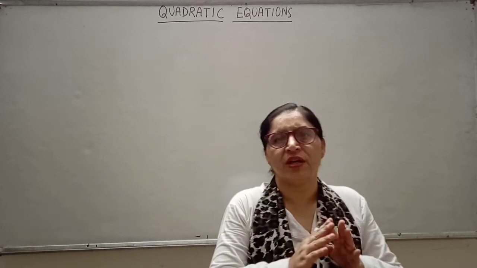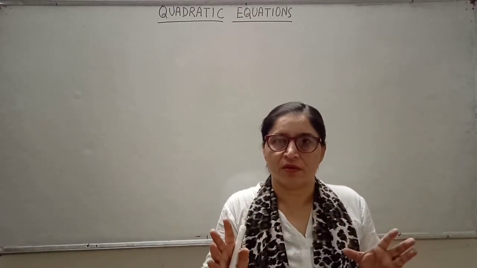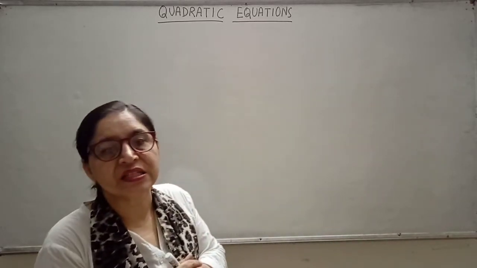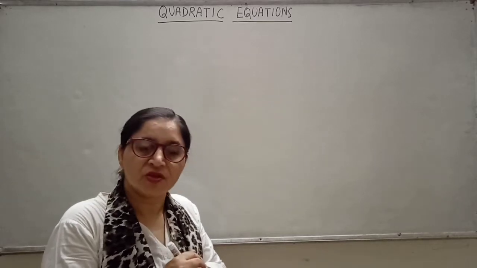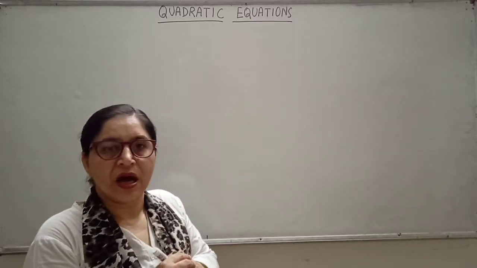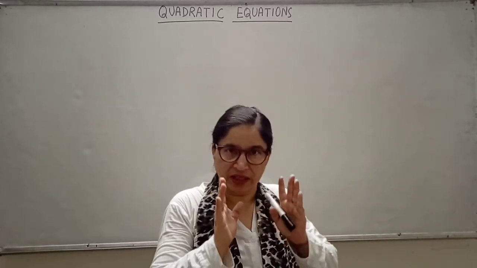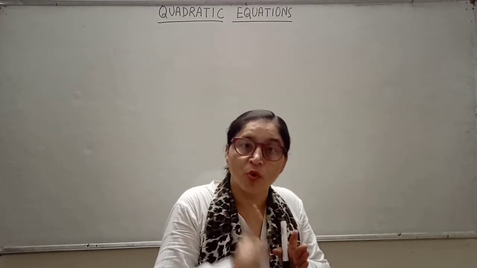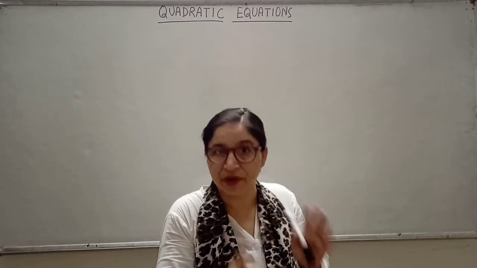Suppose we are planning to build a prayer hall whose carpet area is 300 square meter, and its dimensions are like this, that its length must be 1 meter more than twice its breadth.